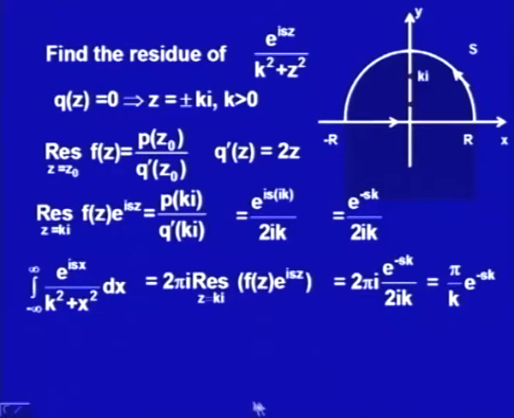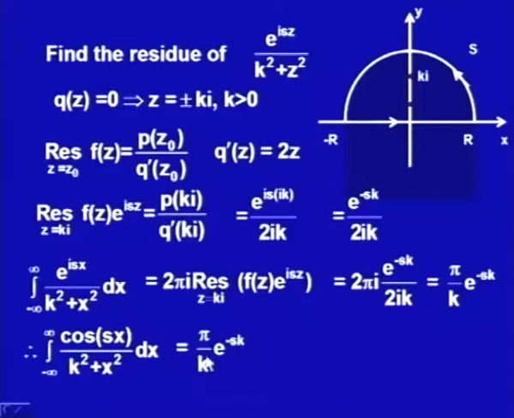So finally, comparing, the integral from minus infinity to plus infinity of cos s x upon k square plus x square dx should be pi upon k e to the power minus s k, and the integral of sin s x upon k square plus x square with respect to x on the range minus infinity to plus infinity should be 0. So we had evaluated it using this residue theory.